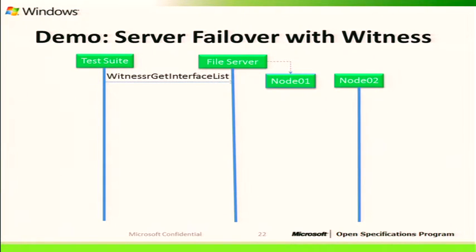First, our test suite will get an interface list on the file server. The file server will respond to the client. After retrieving the available interfaces, the test suite will register the witness service on node 2.